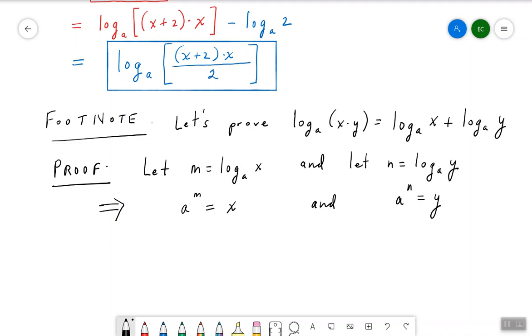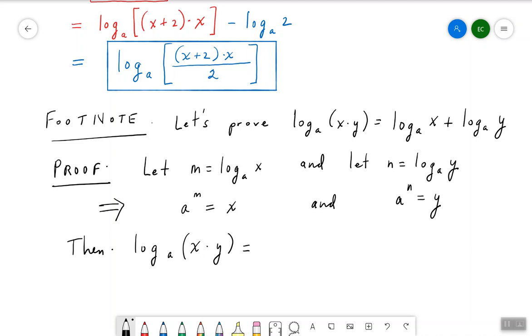And so then what we can do, then we can say that the log base a of x times y is equal to, and we'll just rewrite it, right? So we're starting now with the left side of our rule, and we're going to manipulate it.